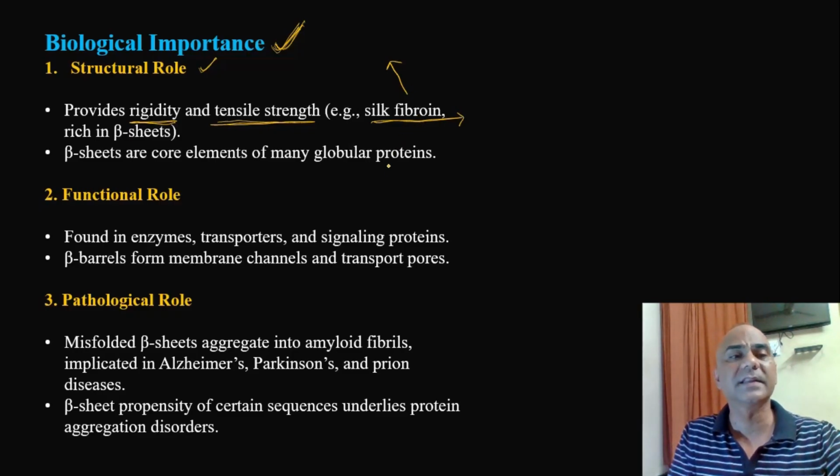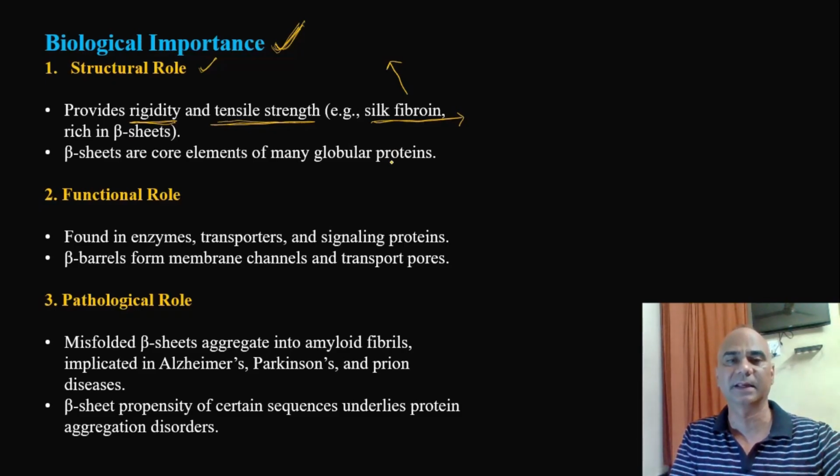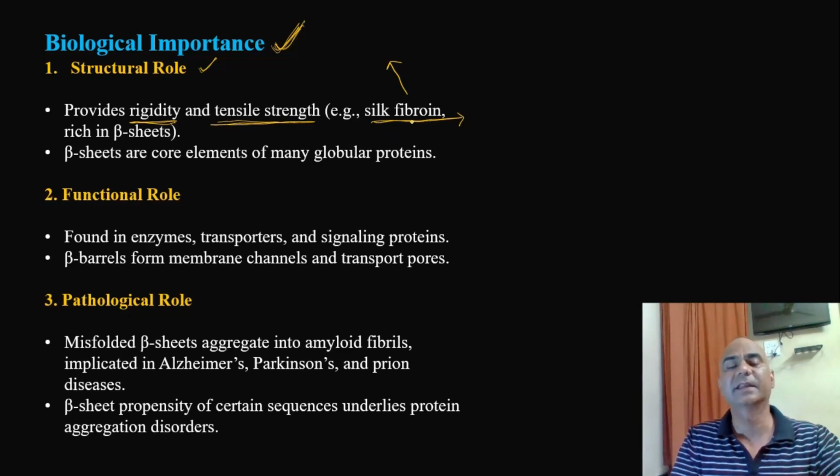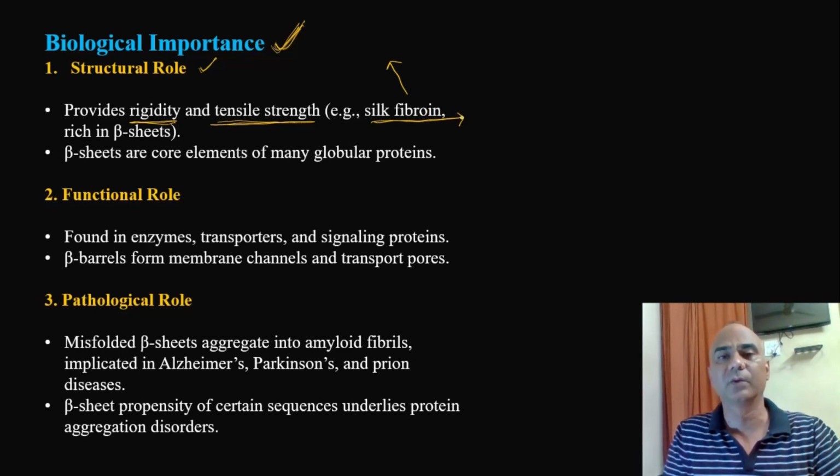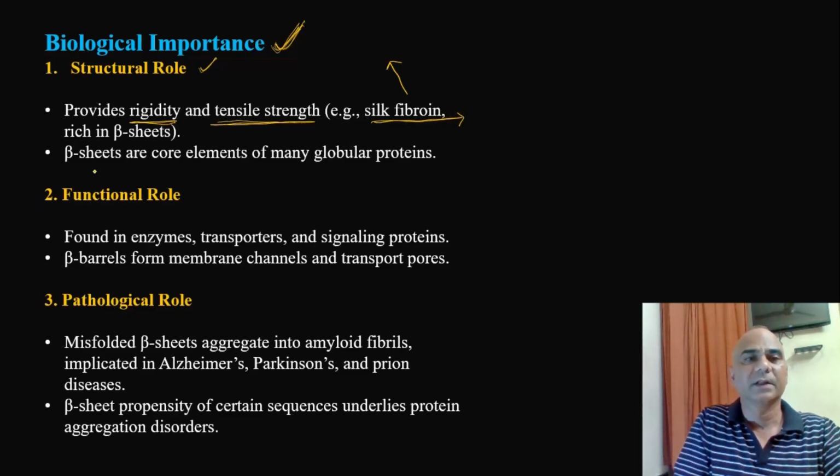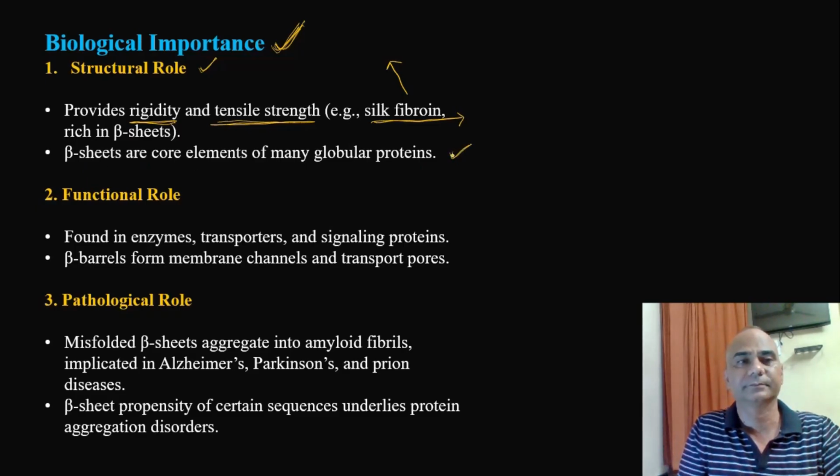Every sentence makes an objective question, so you can clearly understand and learn. Whenever it is asked in a multiple choice examination which kind of secondary structure is found in silk fibroin, we can say the beta sheets. Beta sheets are a core element of many globular proteins.